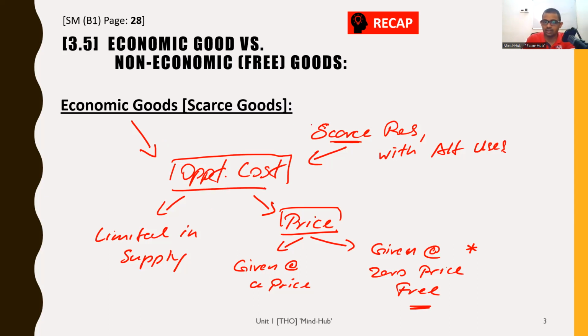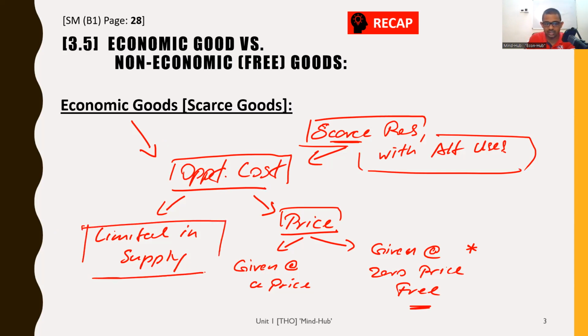Because economic goods are produced using scarce resources with alternative uses. Because we are using scarce resources with alternative uses, the supply of economic goods is limited. When you put these concepts together, then we are talking about what we like to call in economics, economic goods.